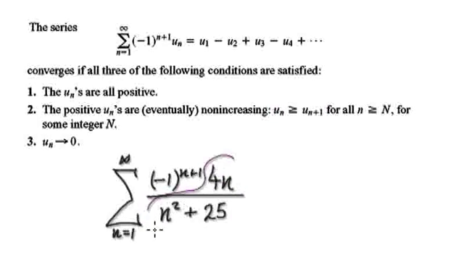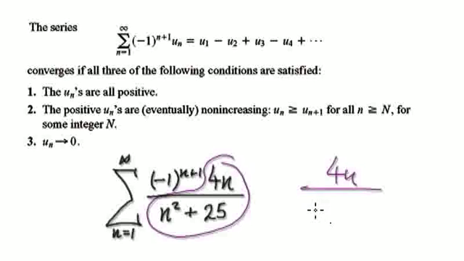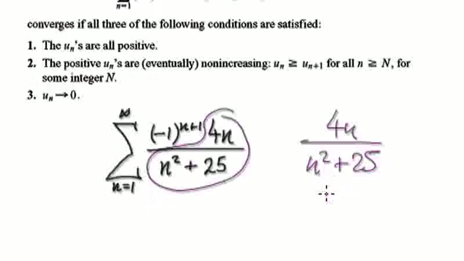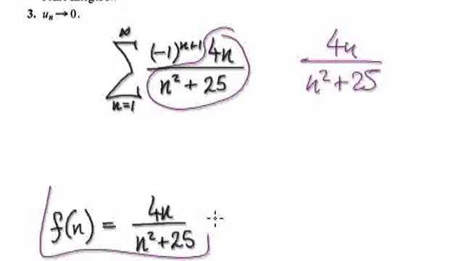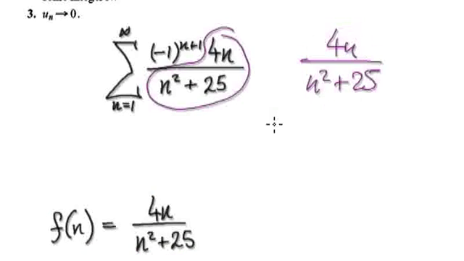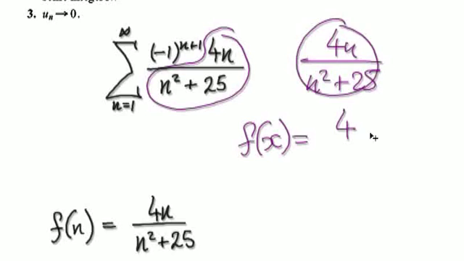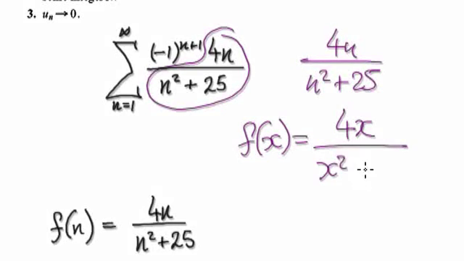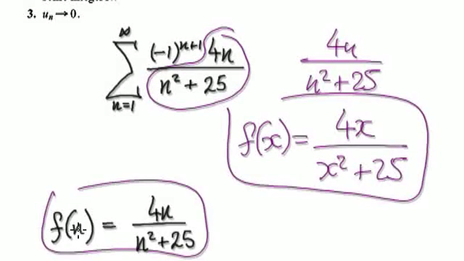Looking at the un, we can map a function on top of our sequence here. That would give us this plus 25. We could do this, or we could write it as this.